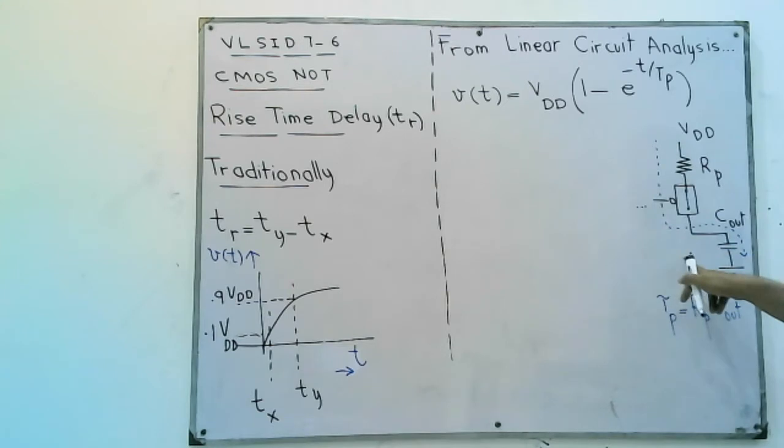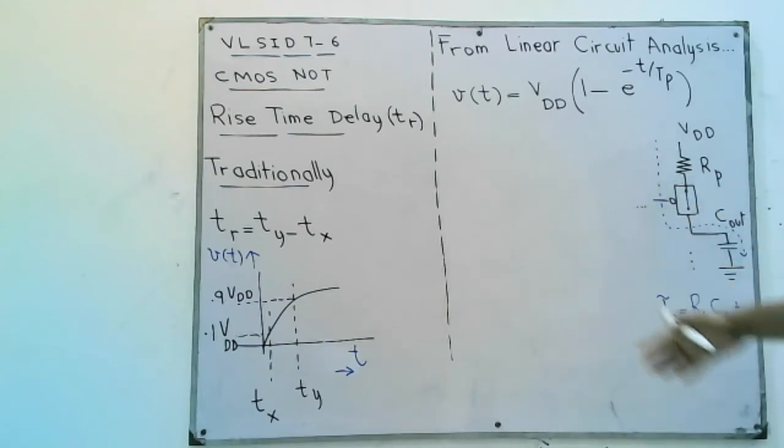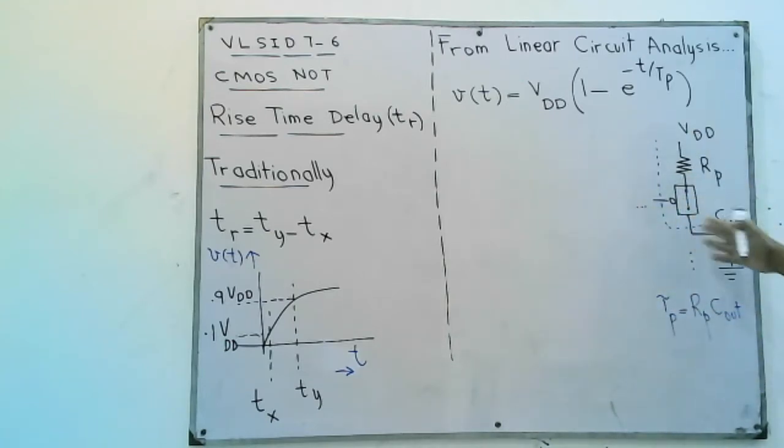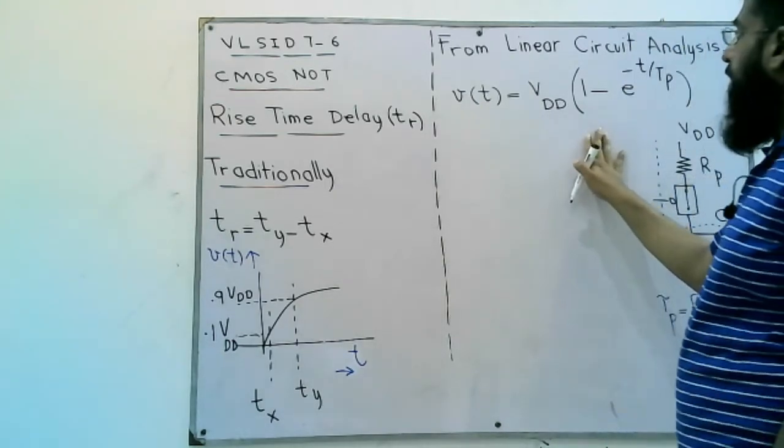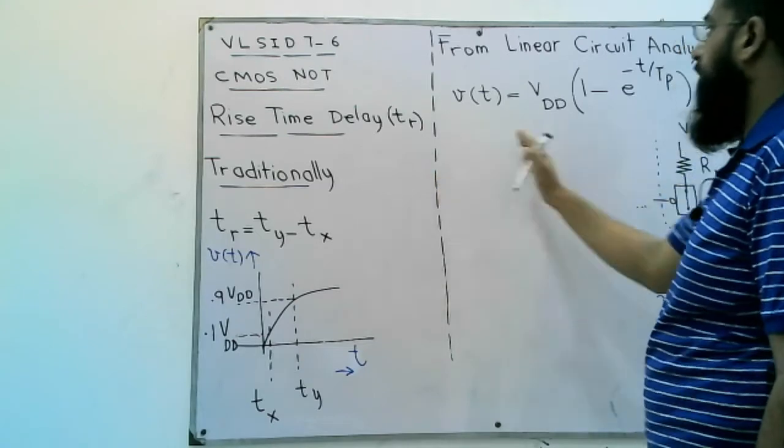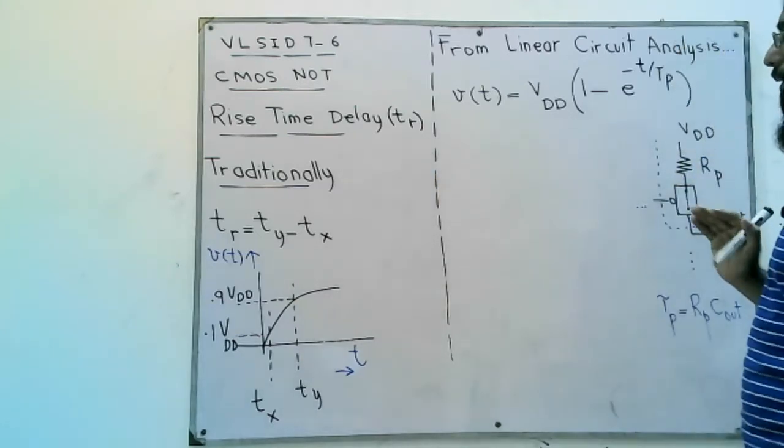I haven't drawn the full circuit, it's only the part of the circuit that comes into action when the input of CMOS NOT is logic 0, and we are going to have logic 1 at the output. So the next task is to rearrange terms in this expression to bring t on the left hand side and everything else on the right hand side.